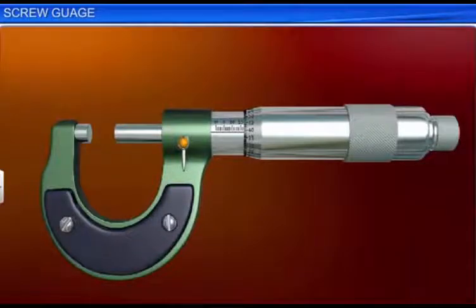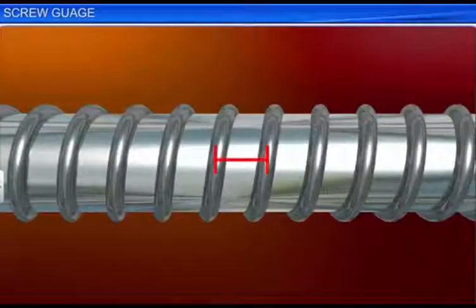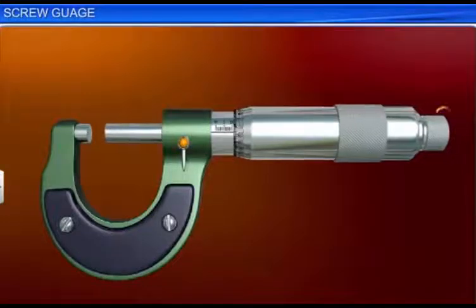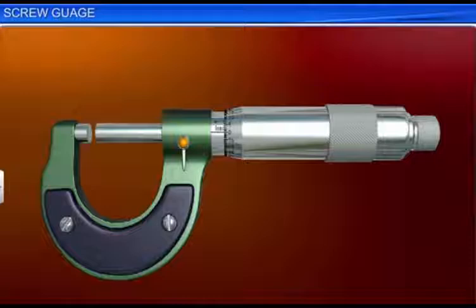This distance is equal to the separation between two adjacent threads on the screw and parallel to its axis. To find the pitch of the screw, rotate the head of the screw till the zero of the head scale coincides with any one of the divisions on the pitch scale. Let us say the head scale is at 5 millimeter.